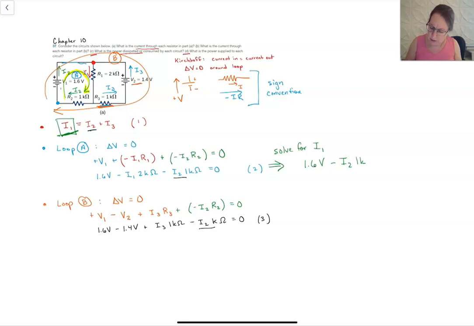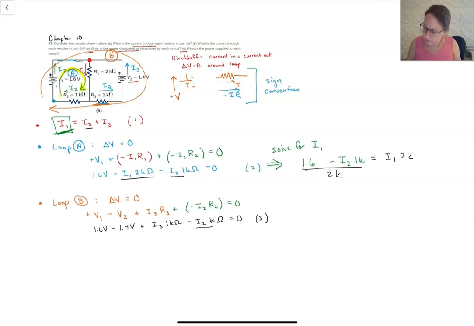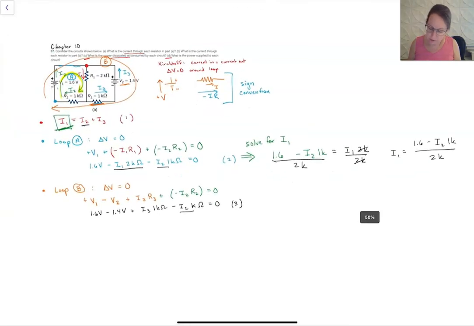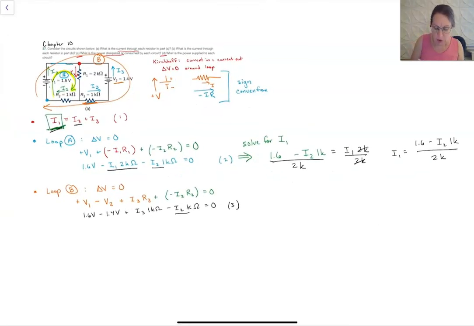I'm going to drop my units, but I'm going to keep my Ks there. That is equal to, now I'm adding this to both sides, I1 2K. Then I divide both sides by this 2K, and that gives me an equation for I1. So I1 is equal to 1.6 minus I2 1K over 2K. So that's an expression for I1 that I can substitute into equation 1.